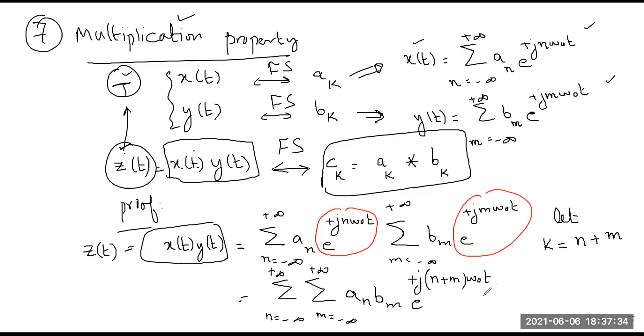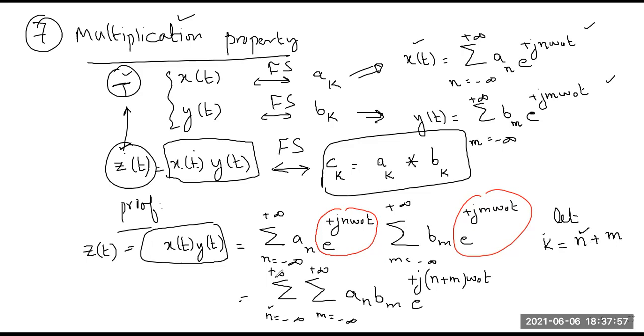And now I'm going to change the limit. So let's say in the first expression, the variable is n. Let's find out what is the value of k corresponding to this. When n is minus infinity, so the lower limit with respect to n is minus infinity, as a result, k will also be minus infinity.